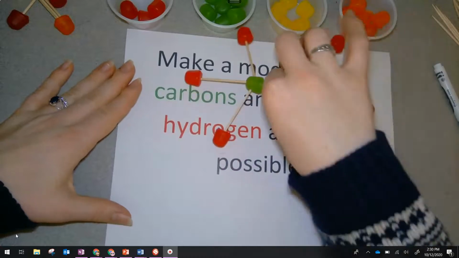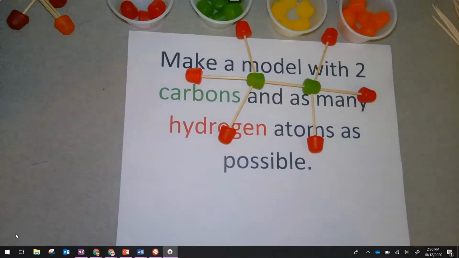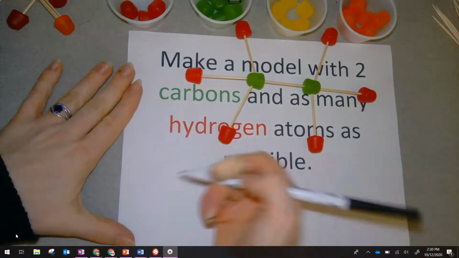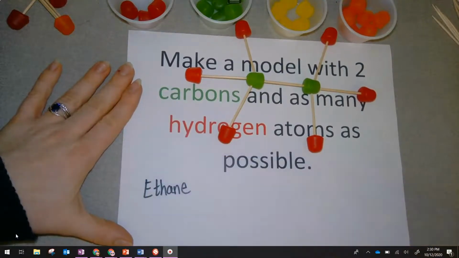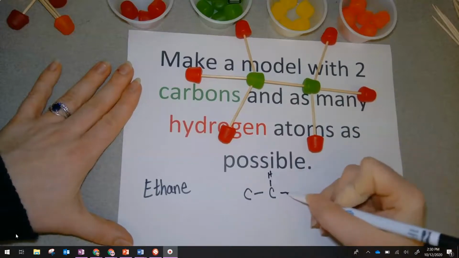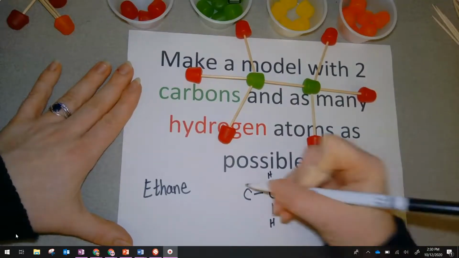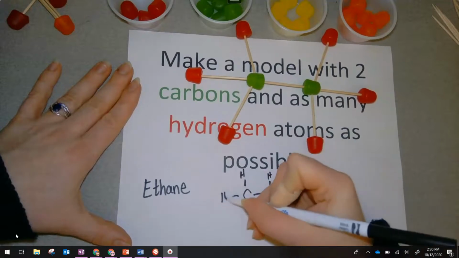This is a substance called ethane. Okay? And for the model on our paper, you draw the carbons first, and then you add in the 3 hydrogens around each of the carbons.